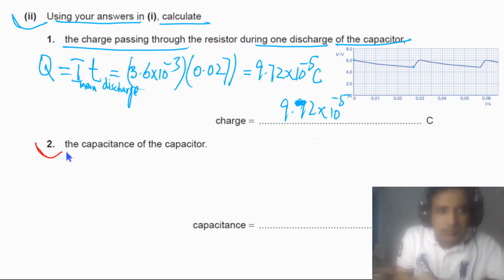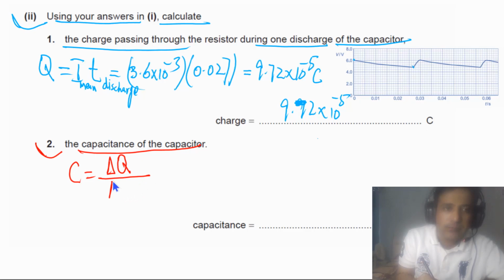For the second part, we need to calculate the capacitance of the capacitor, and the capacitance of the capacitor is equal to delta Q, meaning the amount of charge passing through the capacitor, divided by the change in voltage.